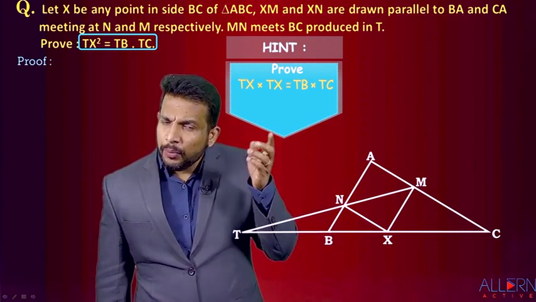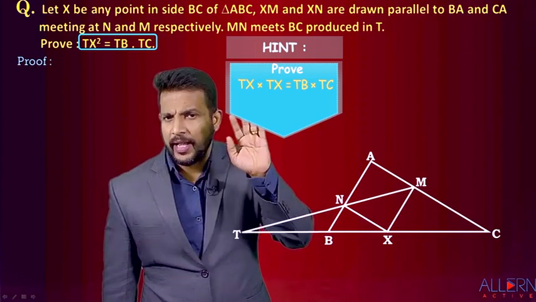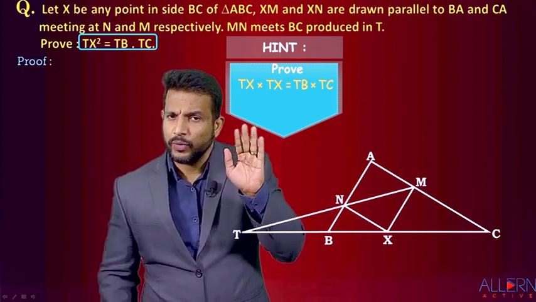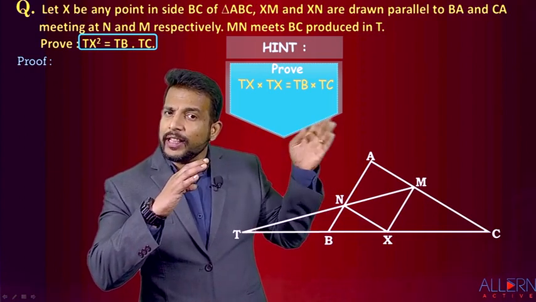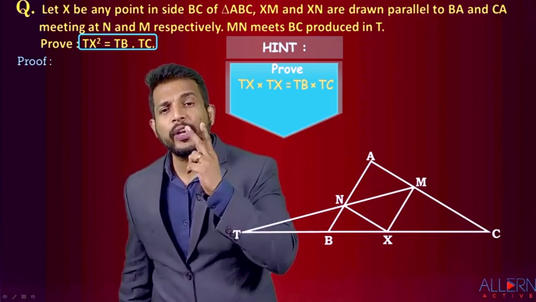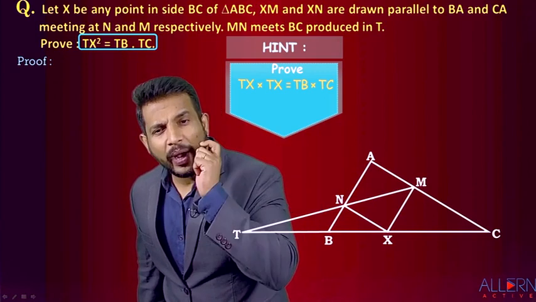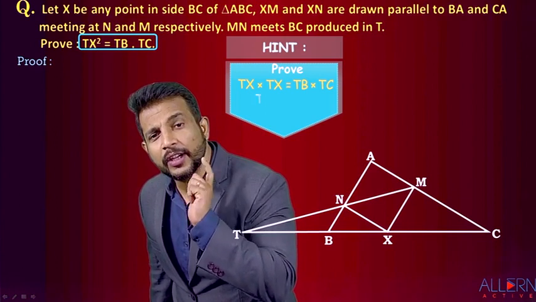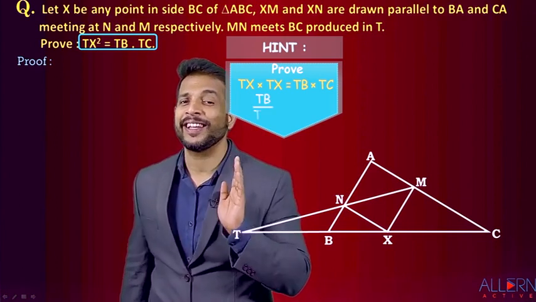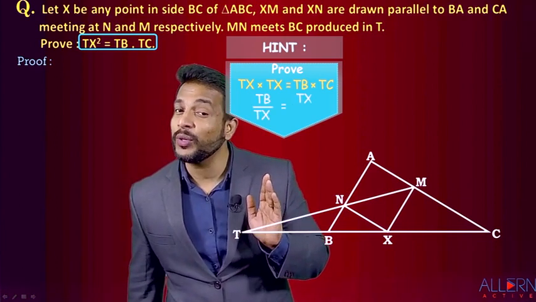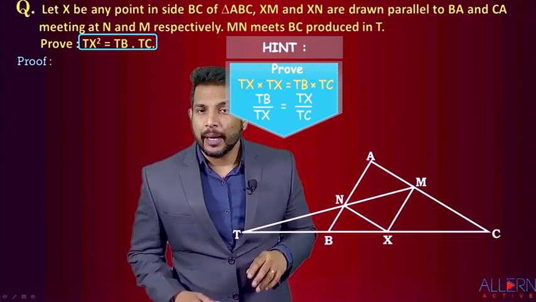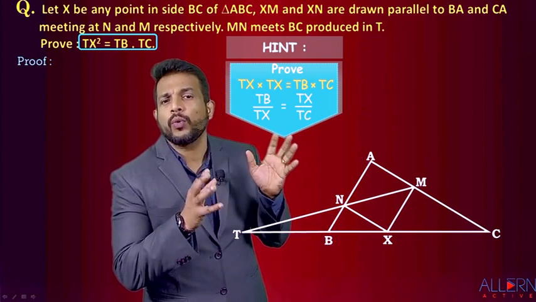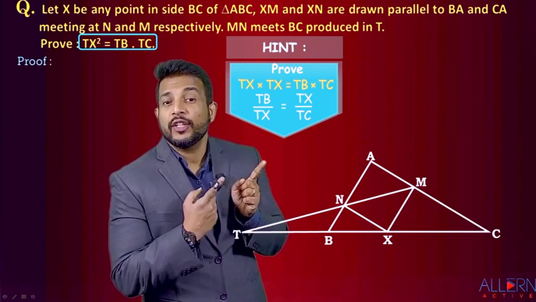Now, one TX we can move in the denominator, one TX remains in the numerator, right? So, one TX goes in the denominator there. Now, anything from there can come here. So, that means you're going to get two ratios, where one TX is in the numerator, the other TX is in the denominator. That means we can form the ratios like this: TB upon TX is equal to TX upon TC. That means we are saying that we will get this product equal provided we get these two ratios equal.